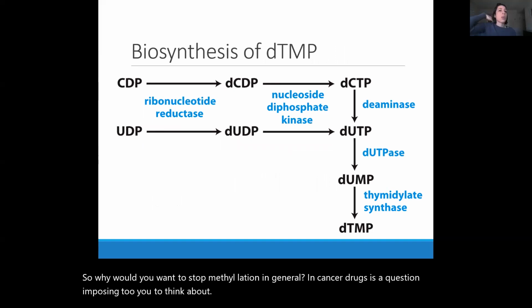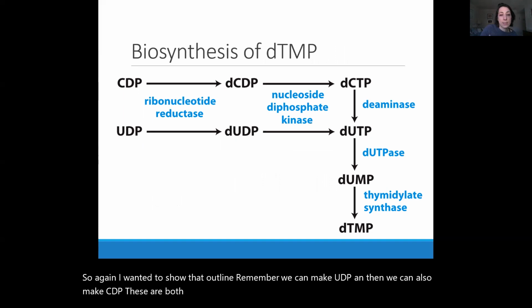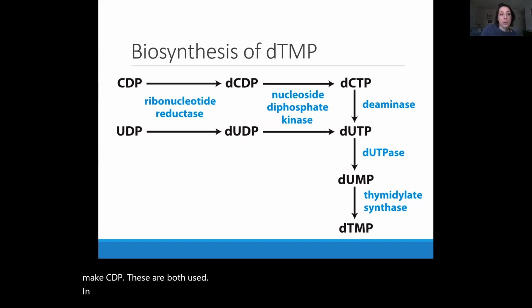So again, I wanted to show that outline. Remember, we can make UDP and then we can also make CDP. These are both used in forms for RNA. They can be converted to their deoxyribose forms, dCDP, dUDP.